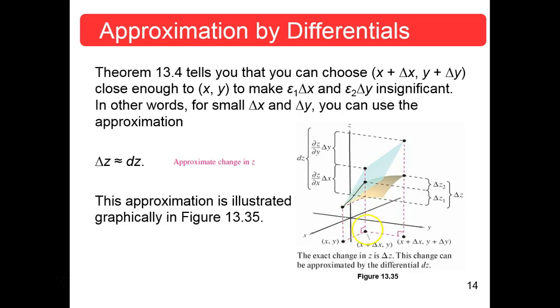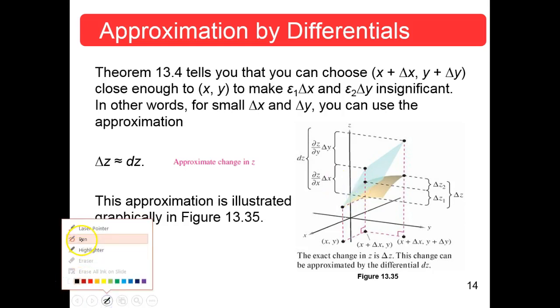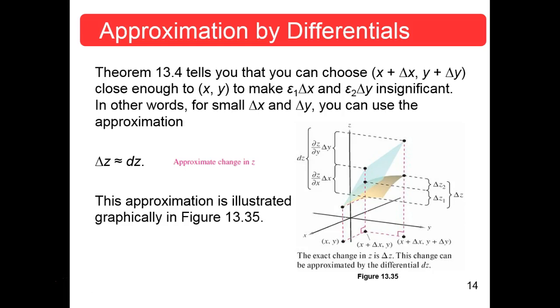Now, then you move from x plus delta x, y to x plus delta x, y plus delta y. Oh, I'm sorry. Let me take this line out again. Trying to draw, indicate the slope, but this is a point on the curve, x plus delta x, y. That's on the surface.